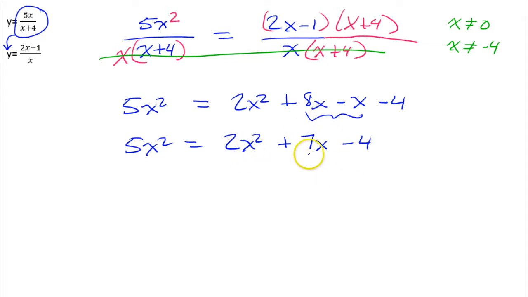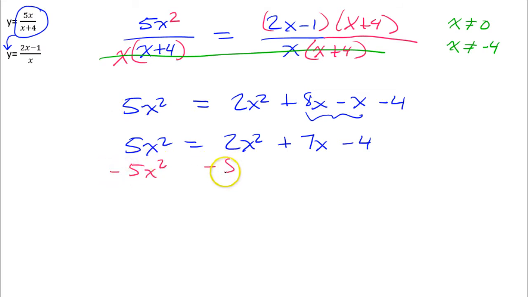Now, I'm trying to decide whether I should move all of these things over here to the left or whether I should move this over here to the right. The only reason why I would consider moving all this to the left is because I really want the leading coefficient to be positive. So it probably doesn't really matter, but I guess what I'll do is I will take two steps.